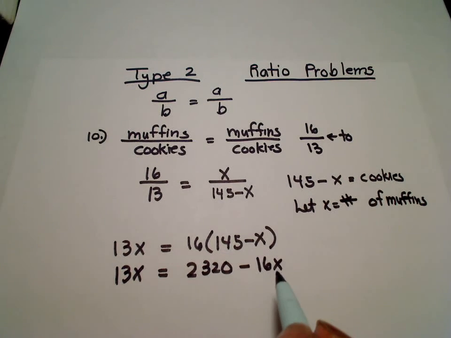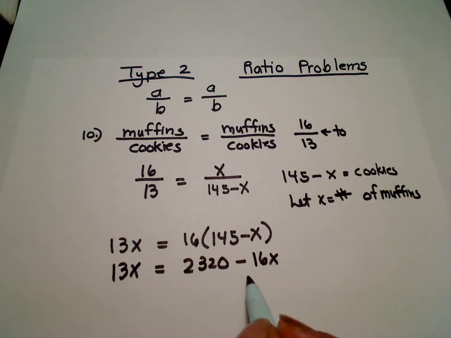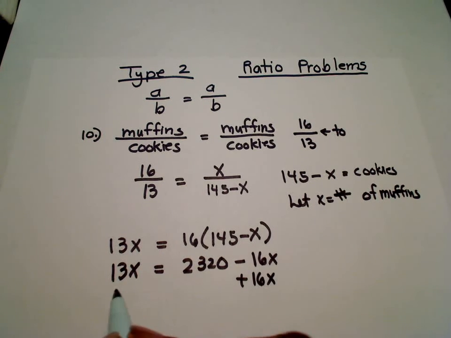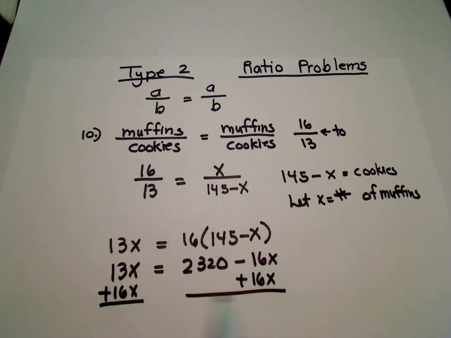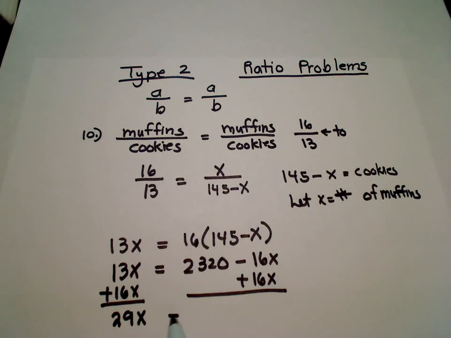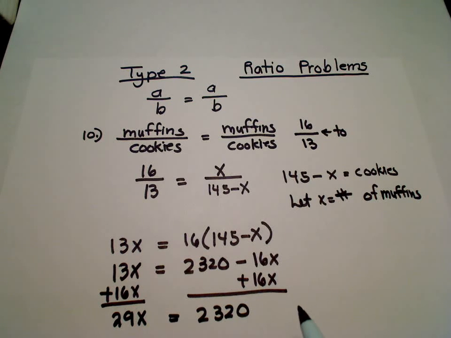Now let's collect our like terms together. Here what I'm going to do is add 16x to both sides. So I end up here with a total of 29x, which is equal to 2,320 altogether.